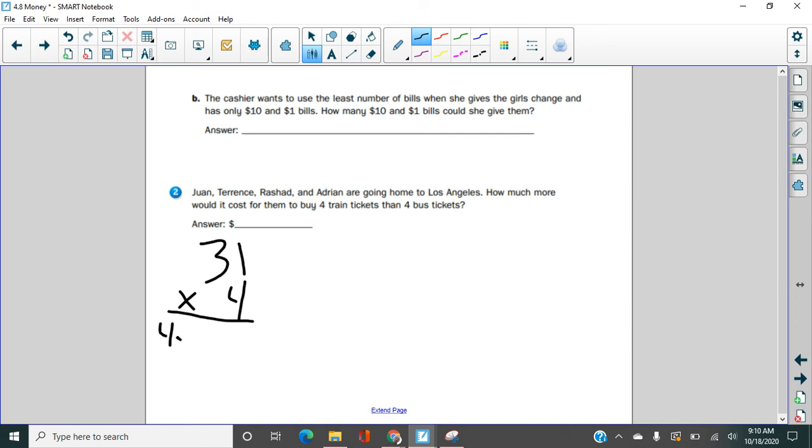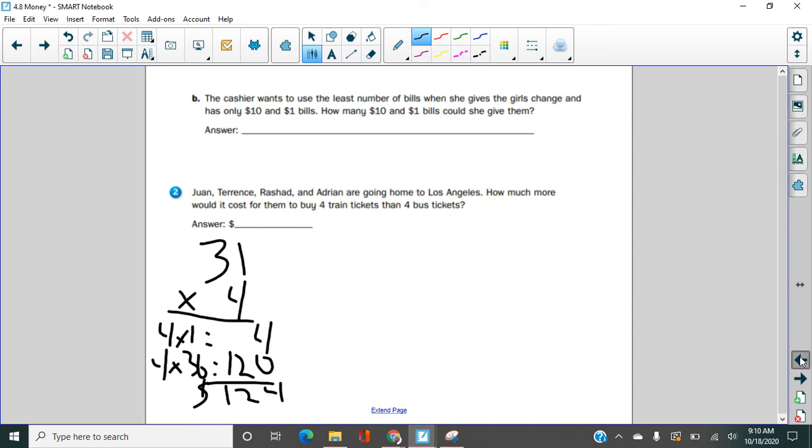Okay, 4 times 1 equals 4. Partial products here. 4 times 30 equals 120. 124. 124 what? $124.